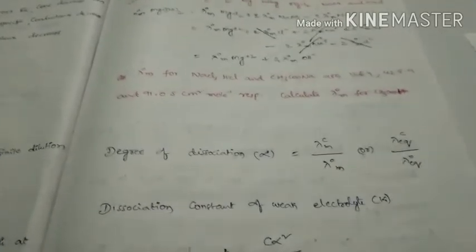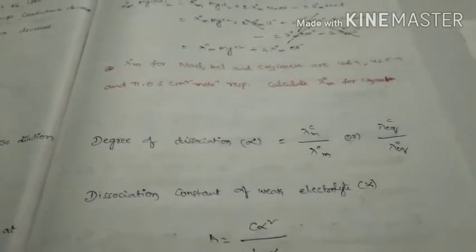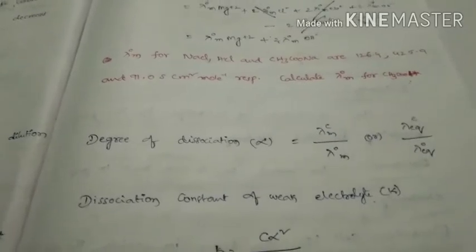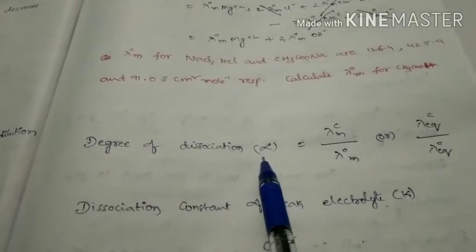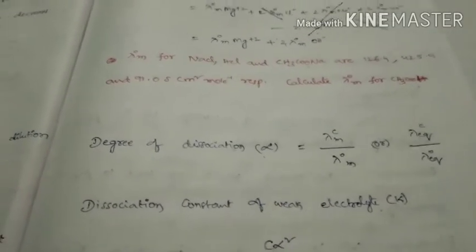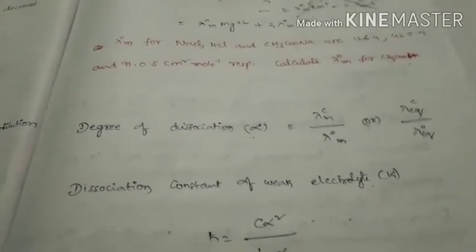So these are the models regarding Kohlrausch law. Next, two important formulas are there. The first is degree of dissociation, represented by alpha. It already came in the solutions chapter, but that is different.